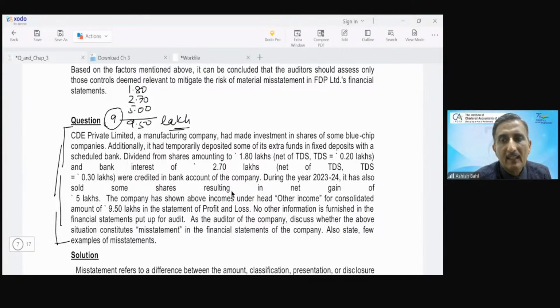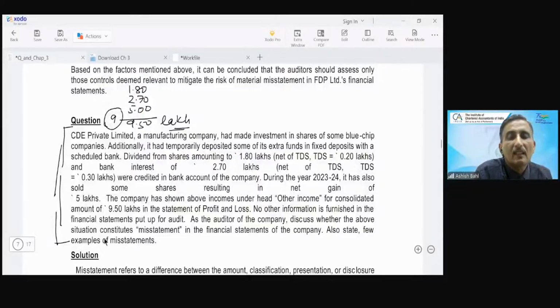Yes, waiting for your responses, guys. What are misstatements in this situation? Yes, Krishna Shah. Tejaswin and all others. Yes, students, waiting for your responses.